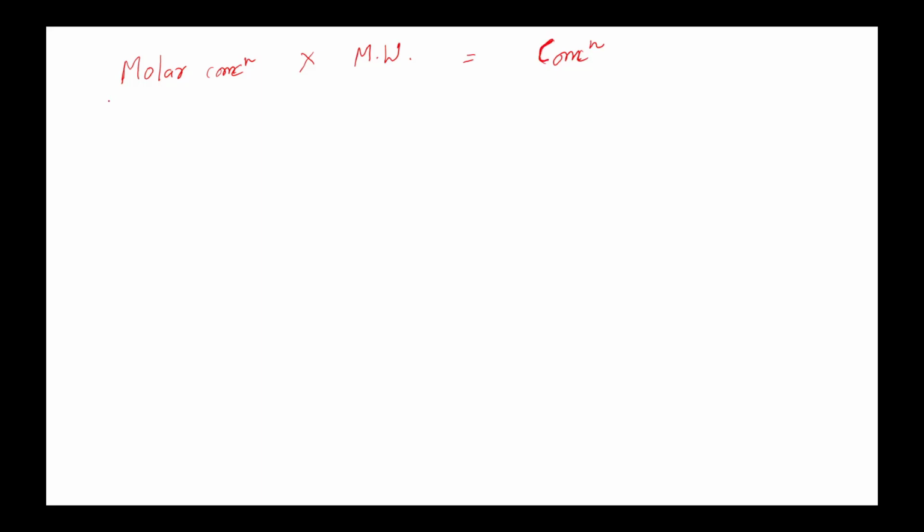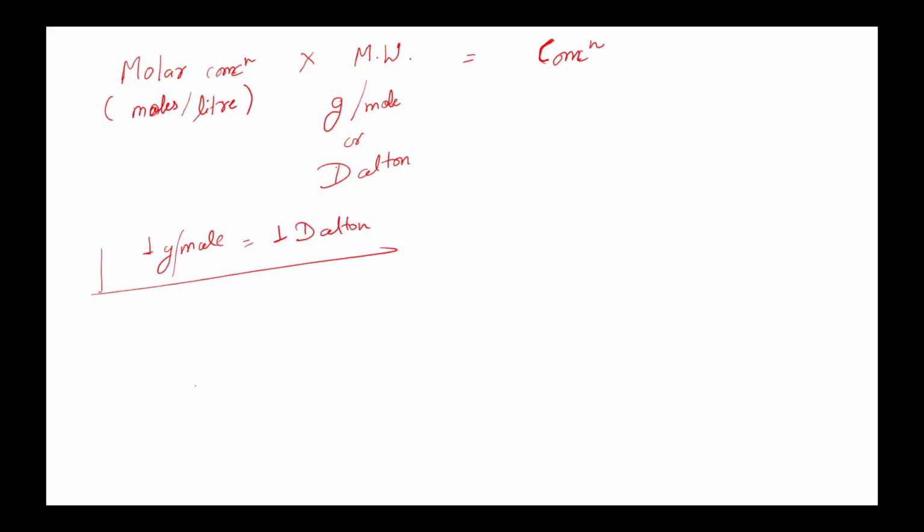Molar concentration, or molarity, is nothing but moles per liter. Molecular weight we have in grams per mole, or we can also write it in daltons, because 1 gram per mole is equal to 1 dalton, so both units are equivalent.